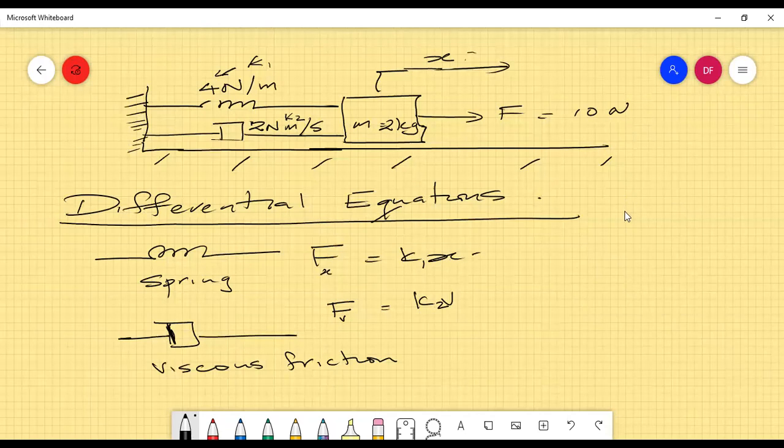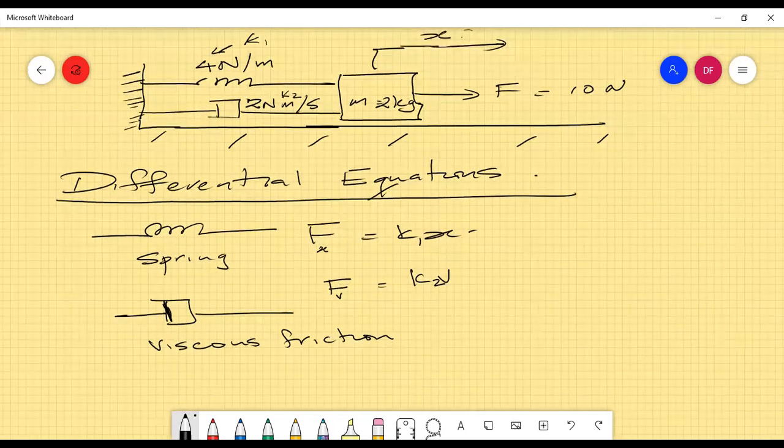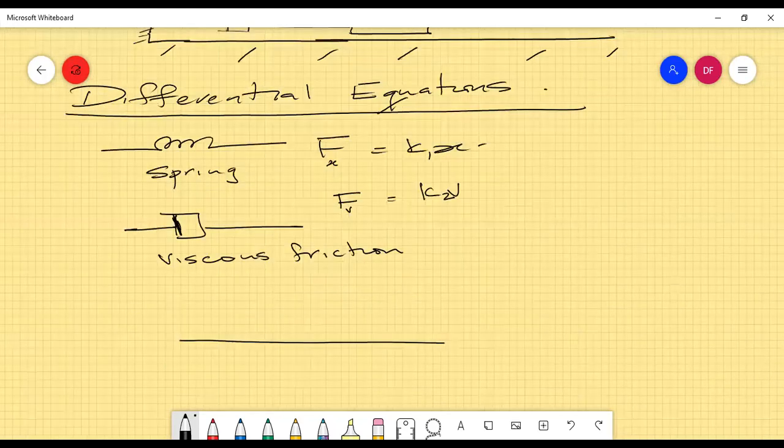So if we take this system and look at the forces on it, if we redraw the whole thing, you have the force forward and then the force due to the spring and the force due to the viscous friction, and the mass is m.